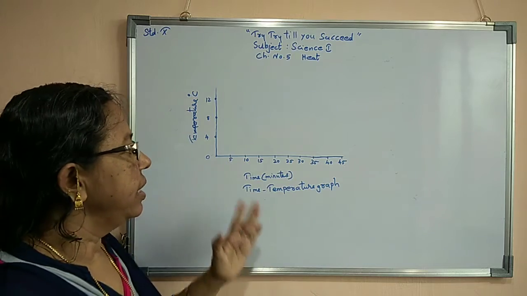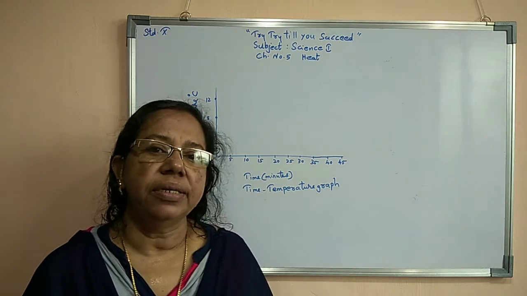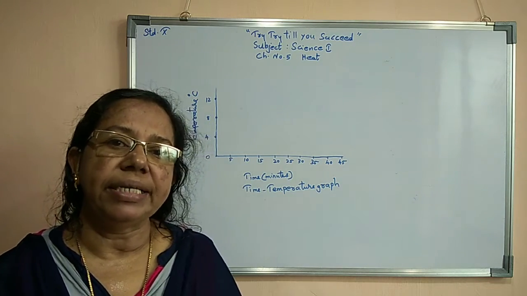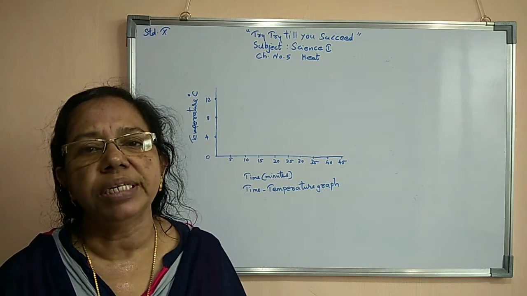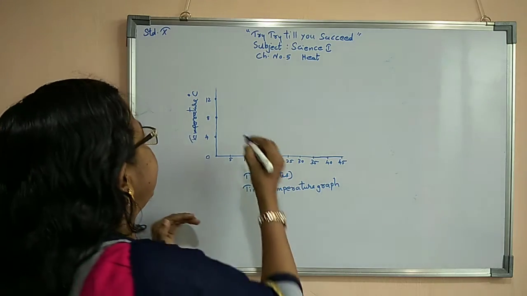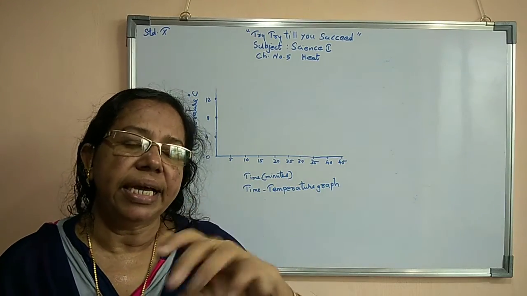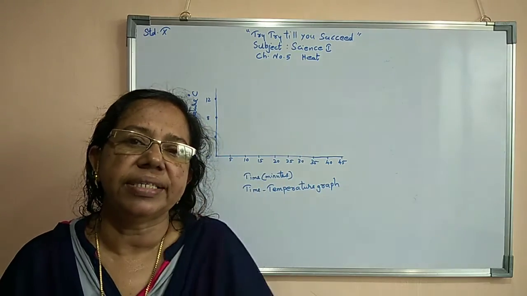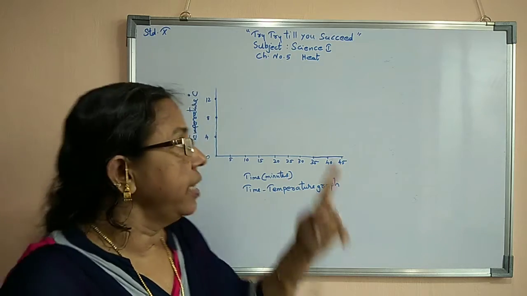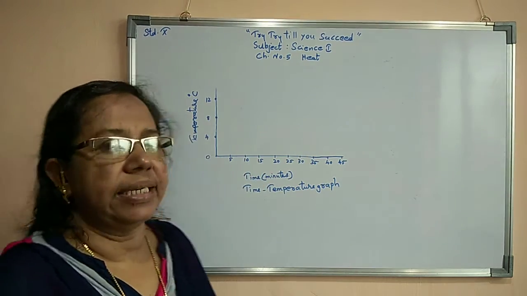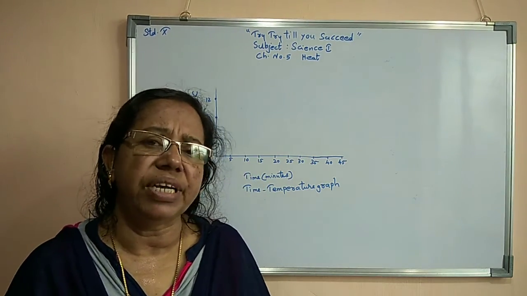Now here we see the two thermometers we used in the Hobbs apparatus. In the same way, here also we are showing two thermometers. In the previous experiment which I showed, I showed you 10 degrees Celsius or 20 degrees Celsius, but here it is showing 12 degrees Celsius. Any temperature we can begin with.